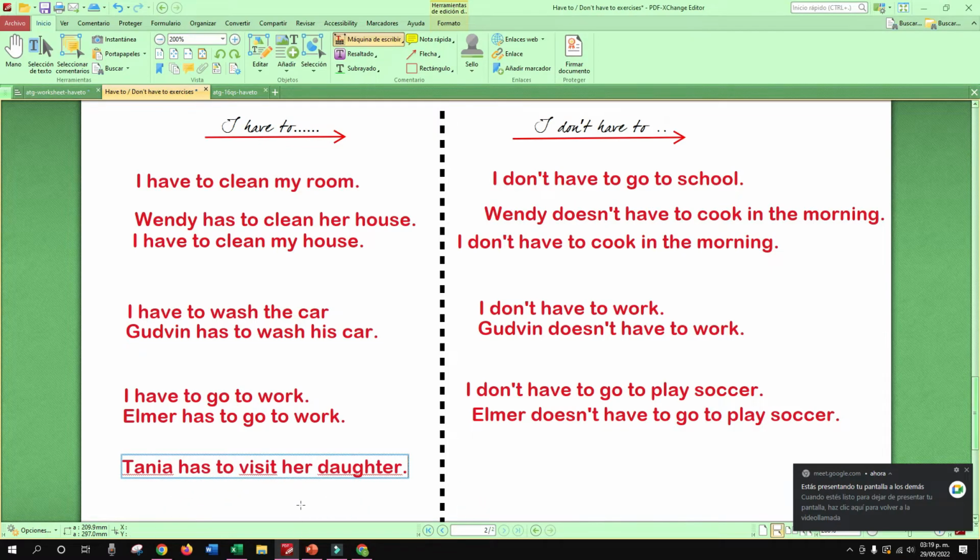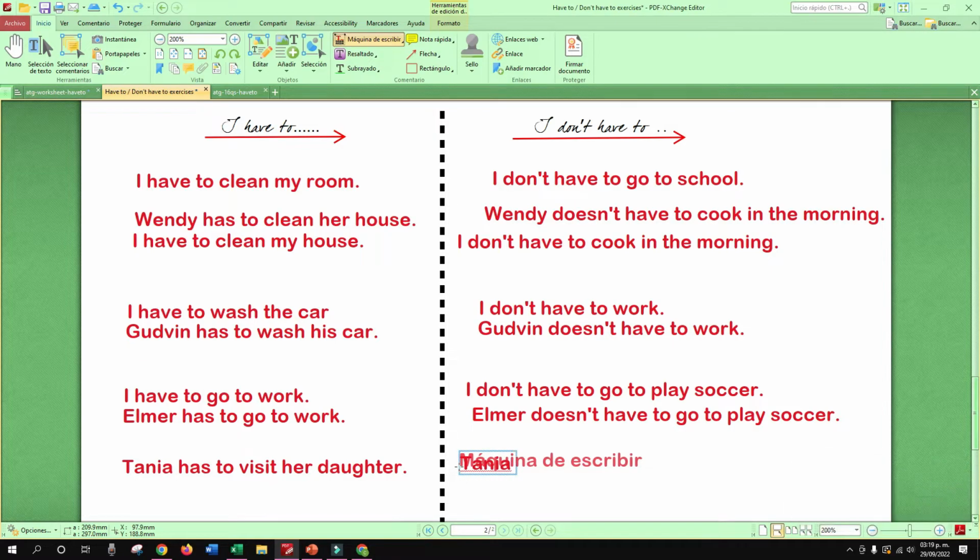Tanya has to visit her daughter. And we can say Tanya doesn't have to clean her room, for example, right? Tanya doesn't have to clean her room.